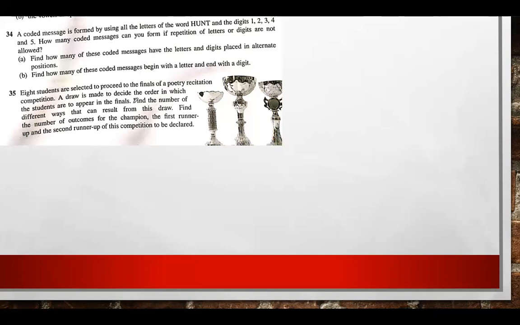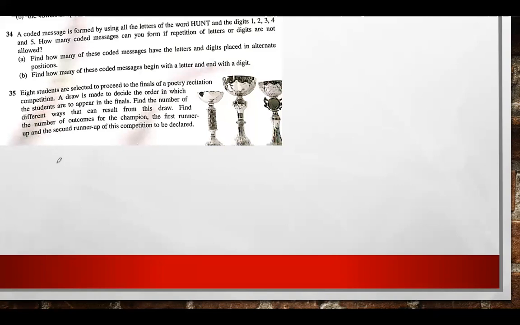You have a poetry recitation and you want to draw lots to see who goes first, and everybody always wants to go last because they don't like to go first. So find the number of different ways that can result from this draw. So you have 8 students and you want to determine the arrangement. So the answer to this will obviously be just 8 factorial because you want to permutate everybody.